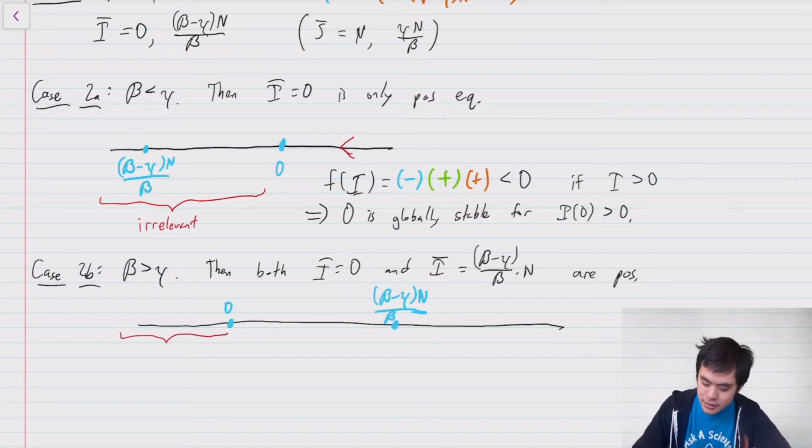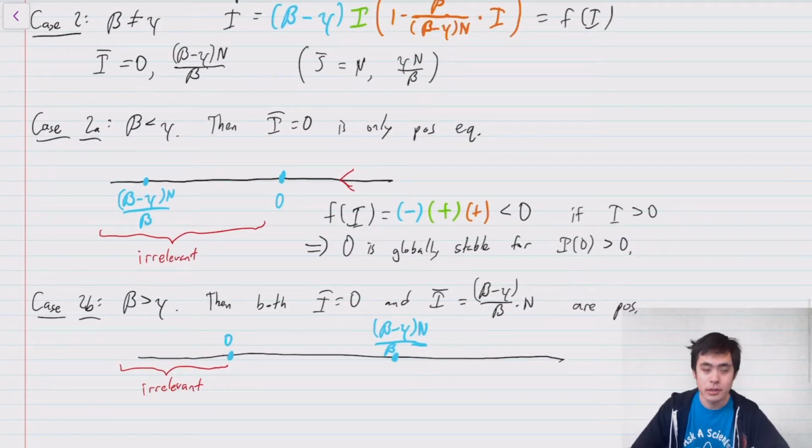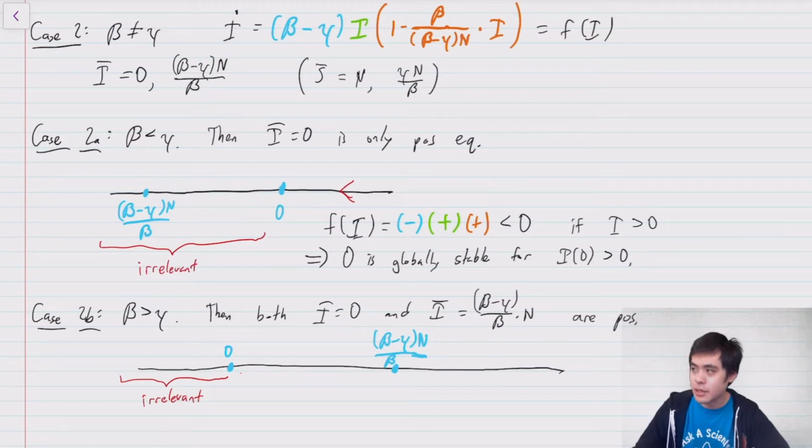So again, this is irrelevant. We don't care about that. And let's see what's going on here. So in this range, we have f of I.